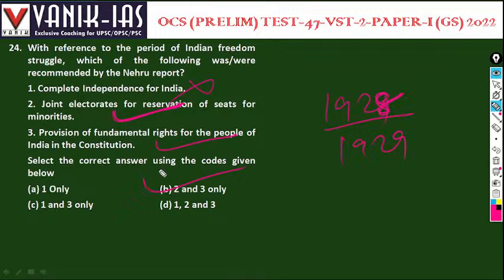Okay. The report was rejected by India. Why? Because no member in the Constitutional Committee was Indian. That's why the Nehru Report was started.